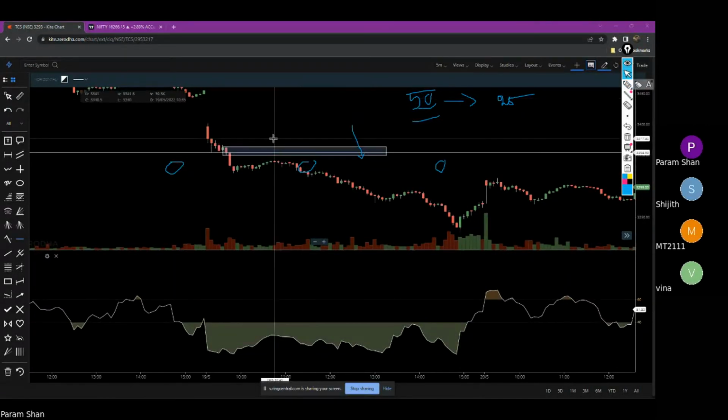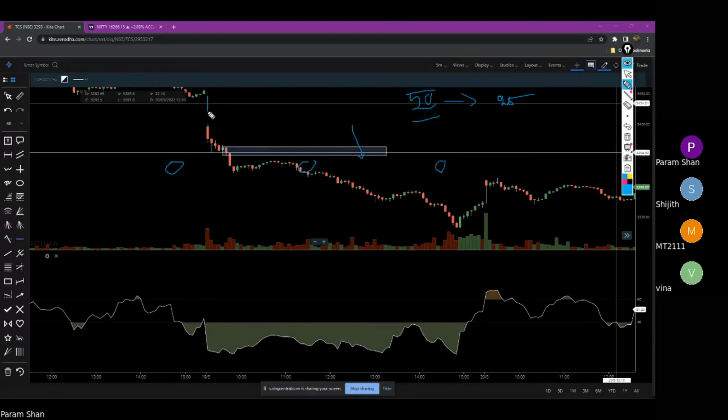Why did I say 25 points? Because we already have a gap down, right? When the price will reverse, we will not know exactly. When you don't have certainty, take the length and keep half of the length as your target. So 25 points. Let us see whether 25 points was achieved from here.